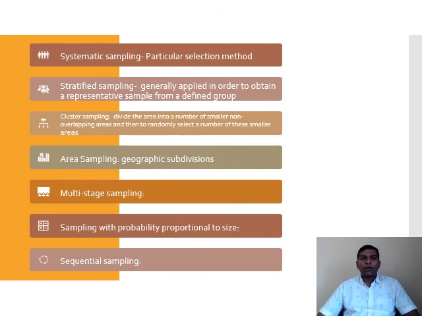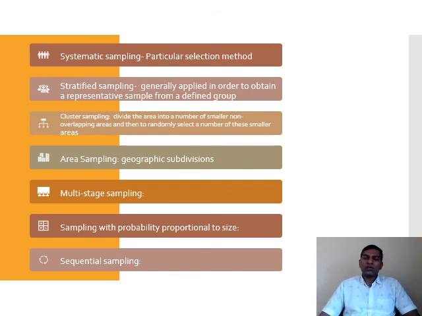Sampling with a probability proportional to size. Depending on how much size we have, we know that Maharashtra state has a huge population, and the districts as well, but not all districts have the same population.